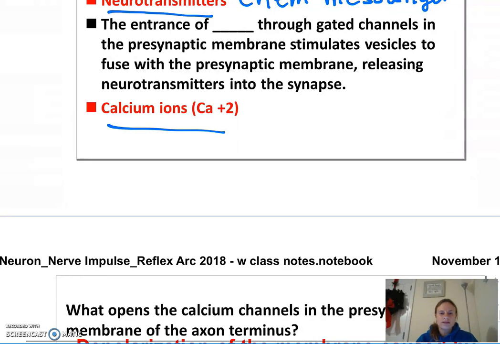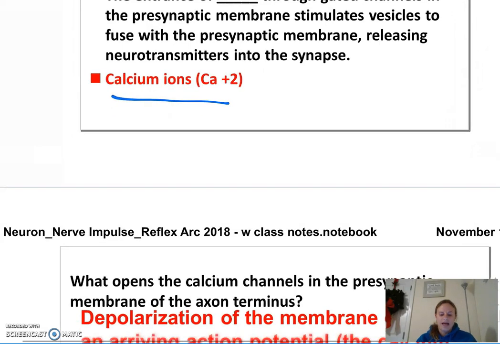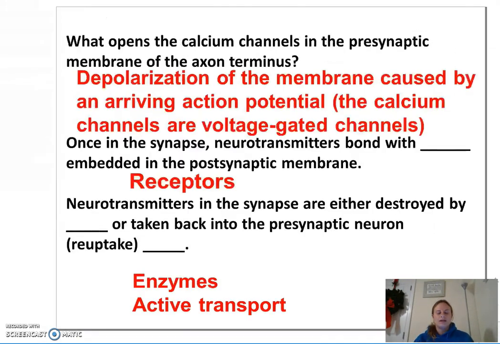Well, how do those calcium channels know to open? It's because of the depolarization of that presynaptic membrane, which is caused by an arriving action potential. The calcium channels are voltage gated, so when that part of the axon becomes depolarized, obviously the voltage changes. That is what signals the opening of it.